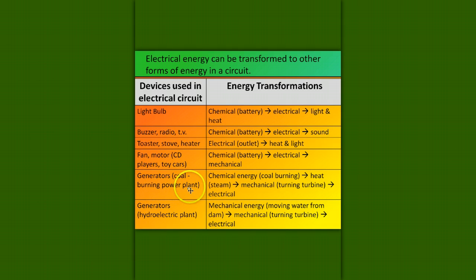Generators, like a coal-burning power plant, go from chemical energy with the coal burning to heat in the form of steam, and mechanical energy turning the turbine to electrical. The generator in a hydroelectric plant takes mechanical energy, the moving water from the dam, and converts that into mechanical energy, turning the turbine, and then to electrical energy.